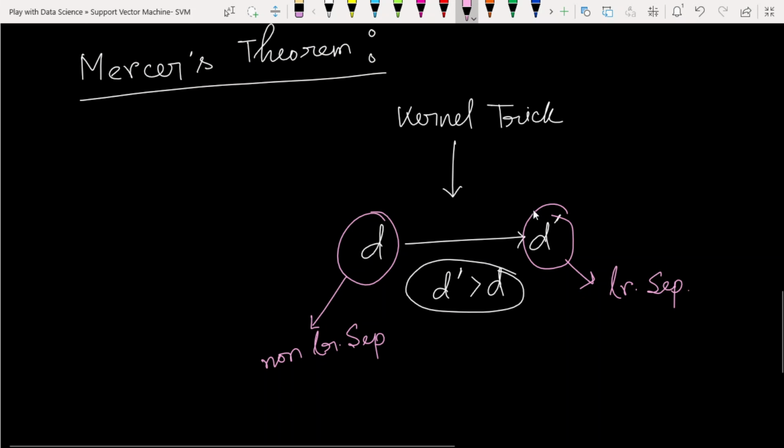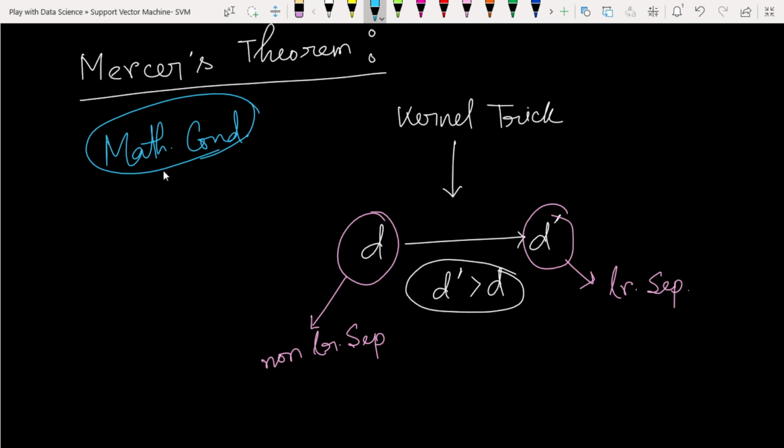Mercer's theorem also has some mathematical conditions. I am not going to discuss these conditions. If you are interested, Google search it; you can easily find it on Wikipedia, and there are many research papers on Mercer's theorem.